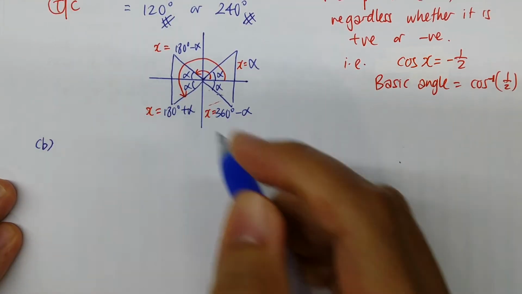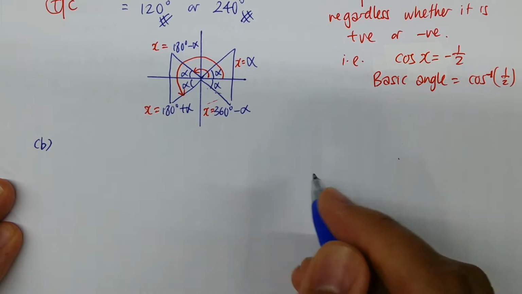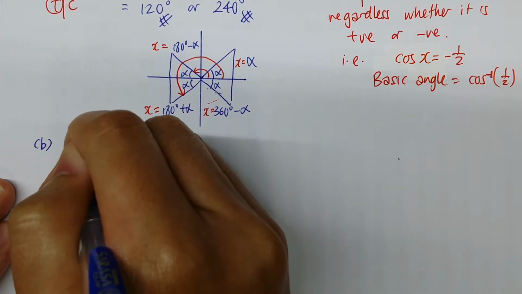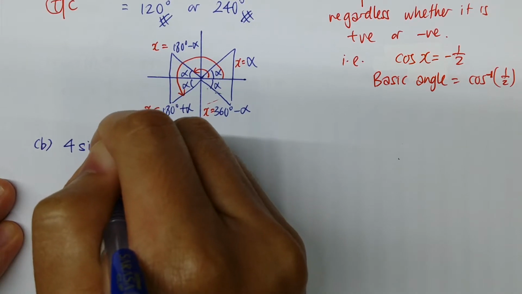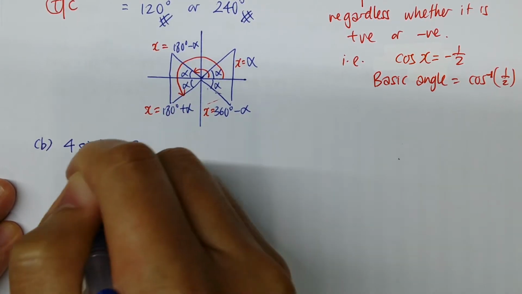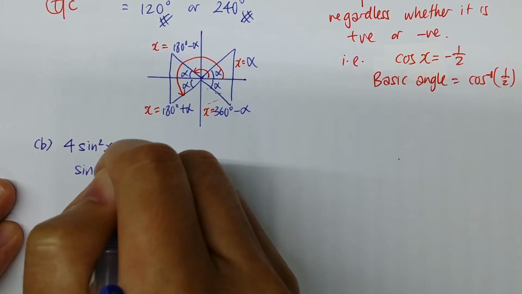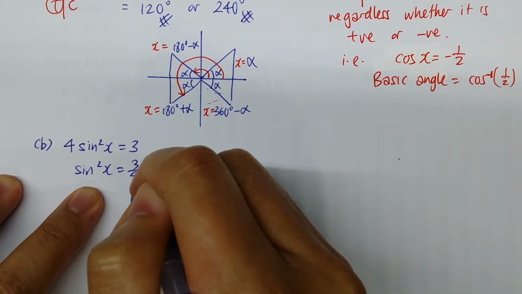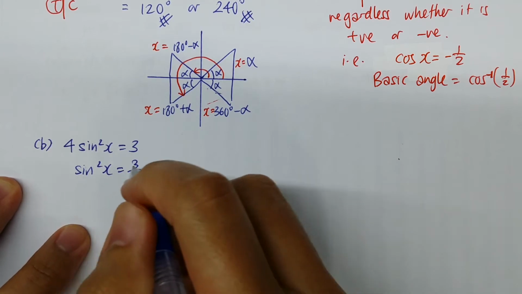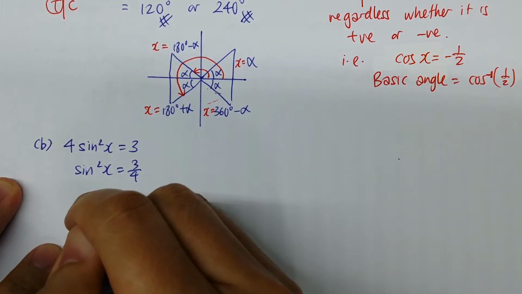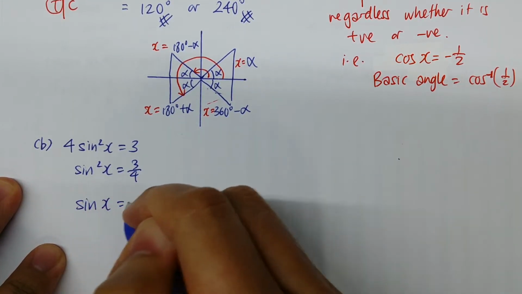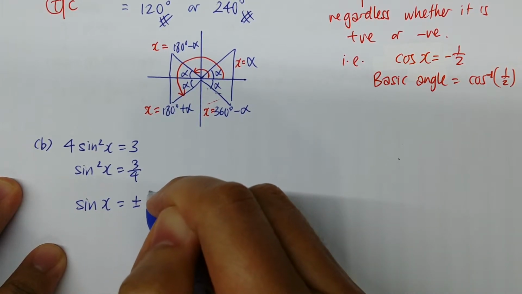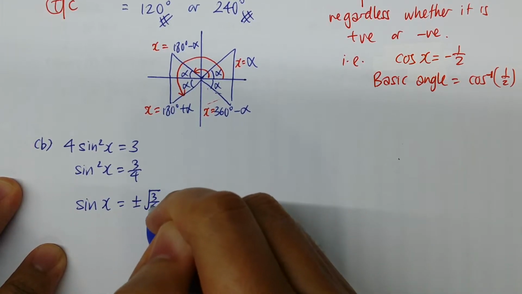B, I'll do it here. B, I have to do faster because I have to cut the video at 15 minutes, otherwise I'm not able to upload it. Sine square x is 3 divided by 4, so 3/4. Square root both sides, I will get plus or minus square root 3 over 4.